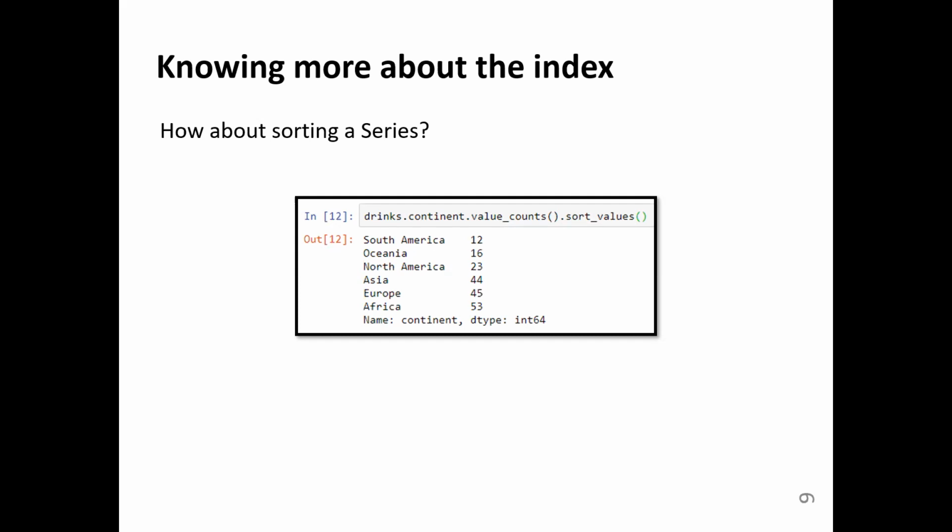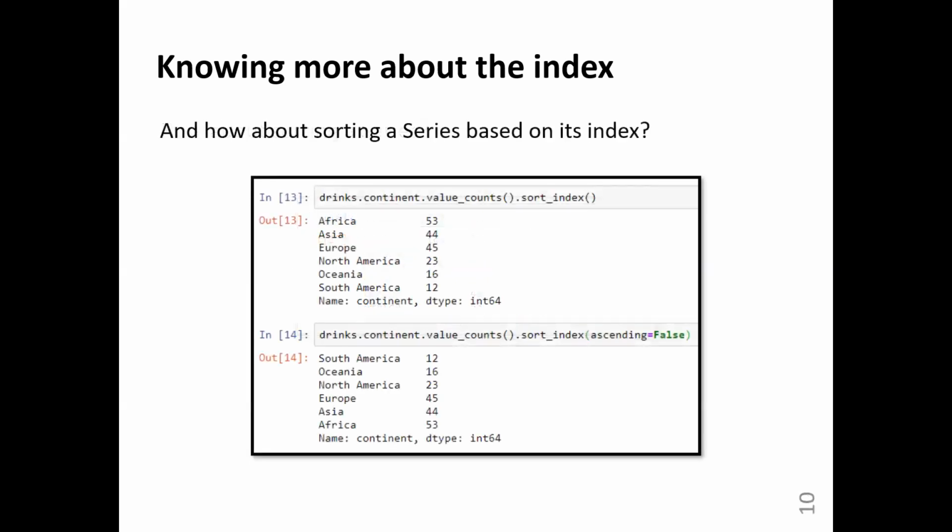Yes, Diego? Alphabetically. Yes. As you said, if you say dot sort index, it's going to sort alphabetically. And if you want to sort it differently, for instance in descending order, you simply can say ascending equal to false. So we know that ascending equal to true is the default.